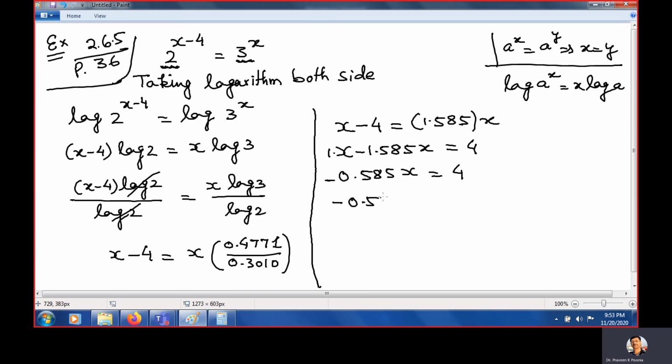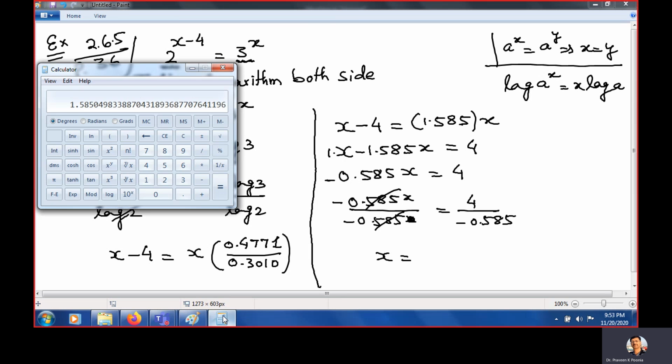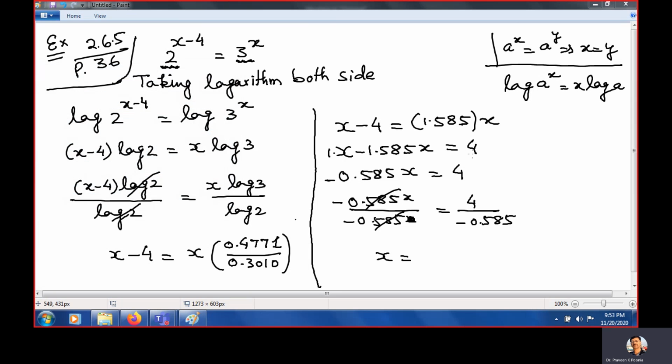Divide by minus 0.585 on both sides: x is equal to 4 upon minus 0.585. Now divide 4 by 0.585. How much? 6.84 you can say. It is negative, minus 6.837. This is the answer.